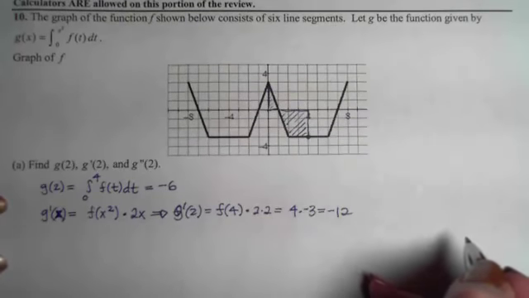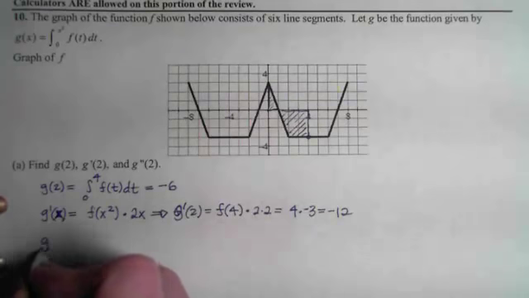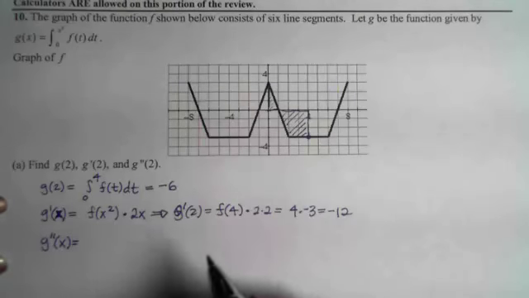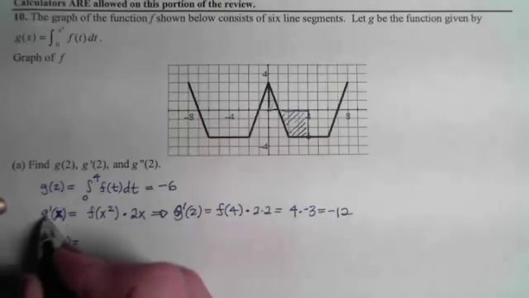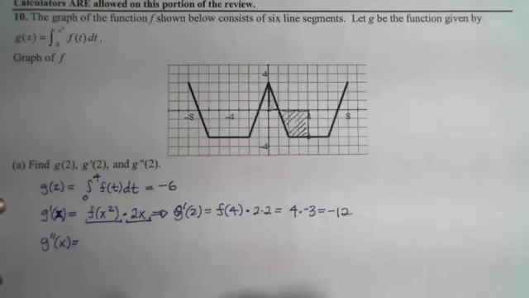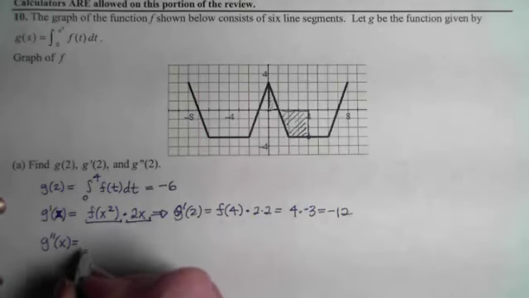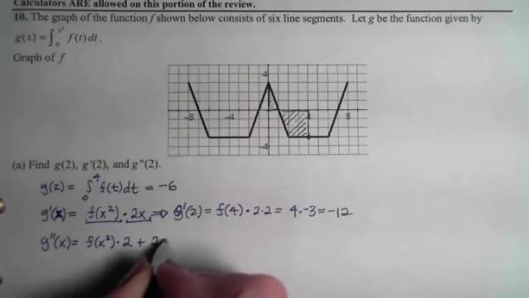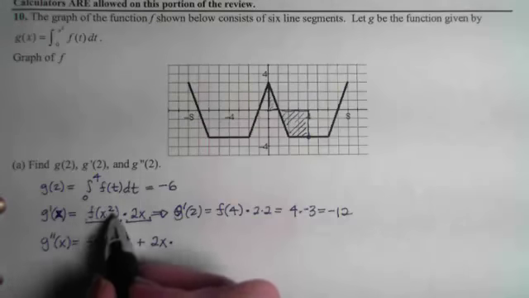The last thing that I need to do for part A is g double prime of 2. So again, let's take the derivative first with the x's and then plug in the 2. If I look at g prime, I have two things that are being multiplied. So that's going to require that I do the product rule. I'll have the first one times the derivative of the second plus the second times the derivative of the first.